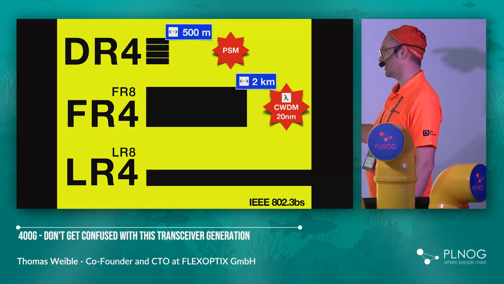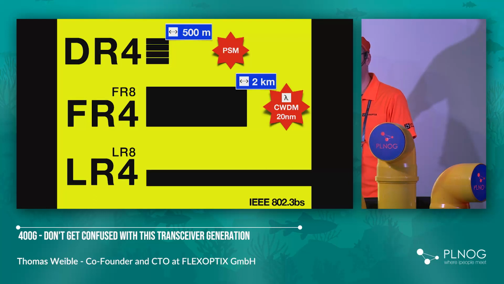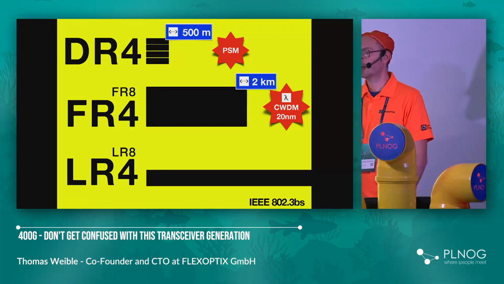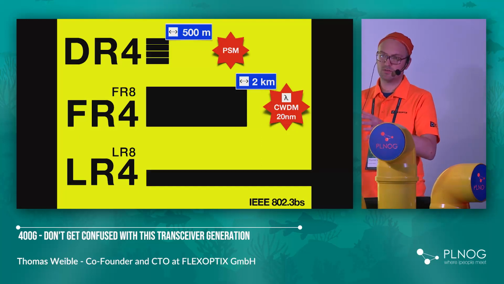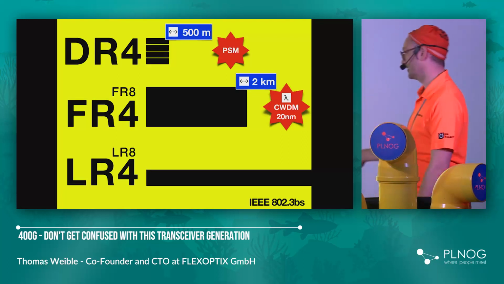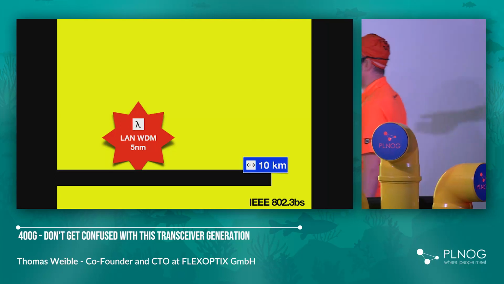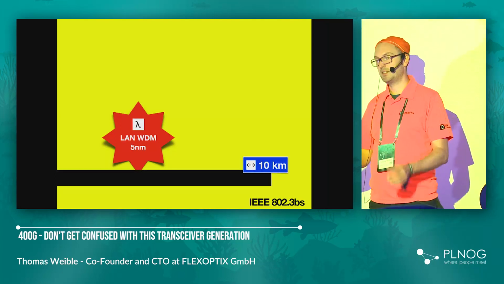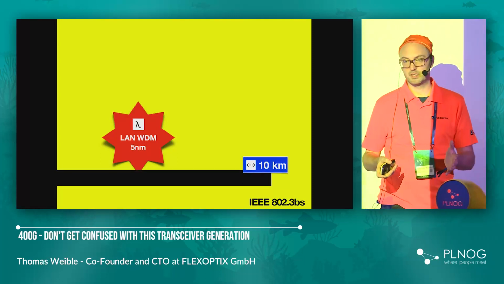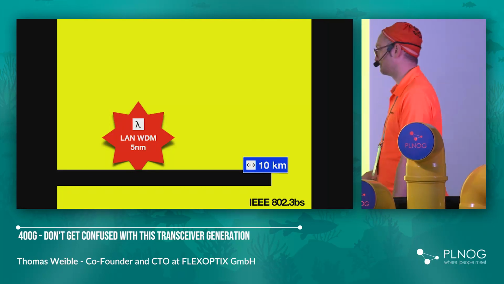FR4 is up to 2 kilometers and with a CWDM wavelength grid, so having a spacing of 20 nanometers between the waves, which is similar to the CWDM4 for 100 gigabit. And then down there, LR4, pretty straightforward, very long. It's a 10 kilometer solution and a LAN WDM, so the spacing between the wavelengths inside our transceiver is 5 nanometers, similar to 100 gigabit with the 5 nanometer spacing there.